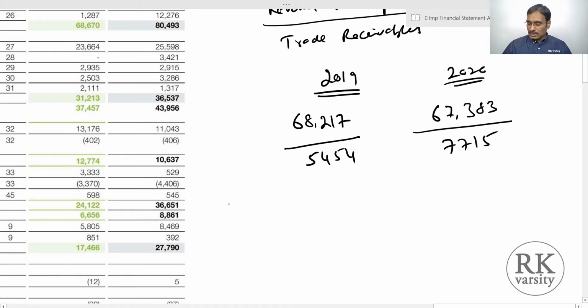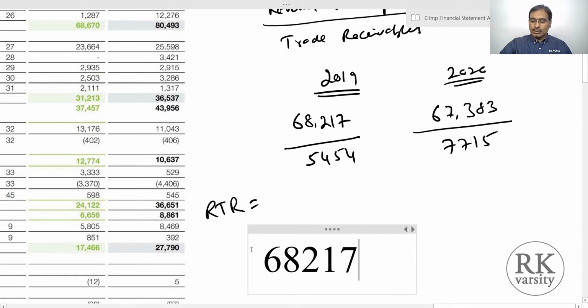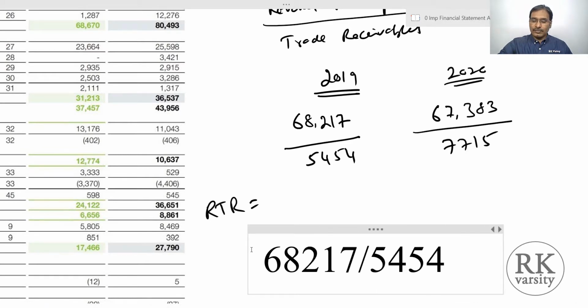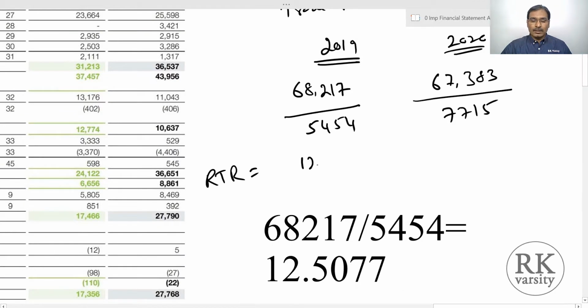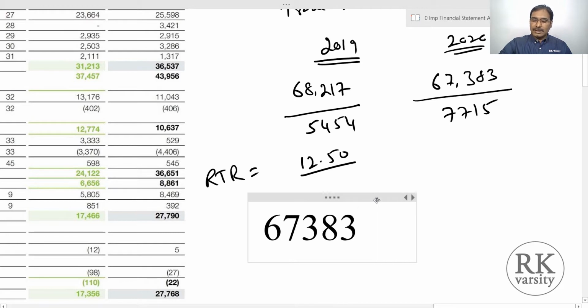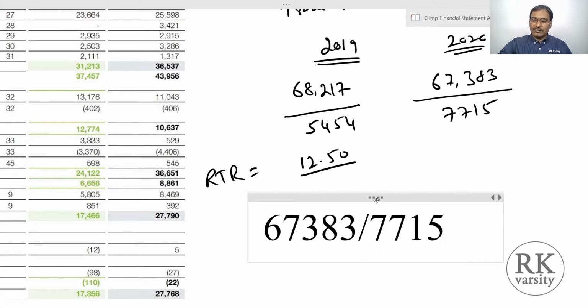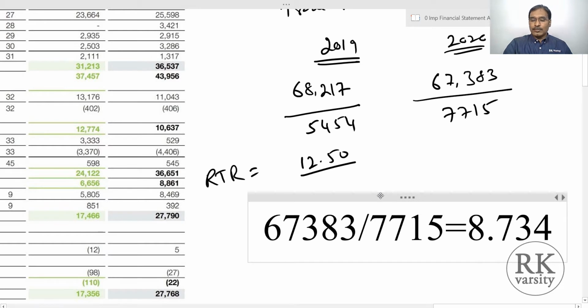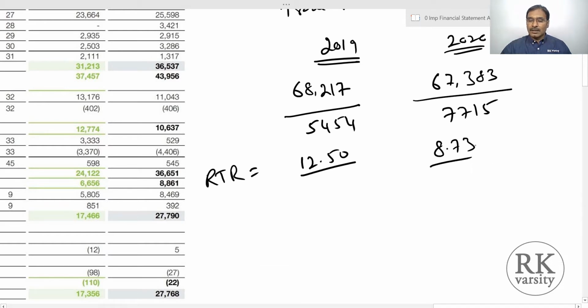So your receivables turnover ratio equals 68,217 upon 5454, which is 12.50, and 67,383 upon 7715, which is 8.73 times.